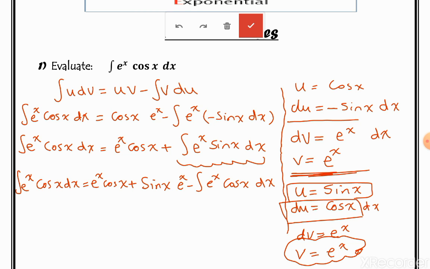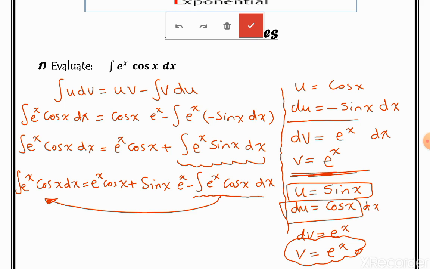If we keep doing integration by parts many times, the question will never finish, but the trick in this question is to take this term to the other side with a different sign and combine like terms. As you see here, negative the integral of e to the power of x cosine x dx, and on the left-hand side we have the integral of e to the power of x cosine x dx, so we can combine these two terms together.